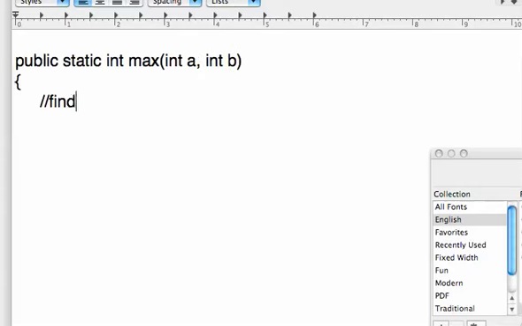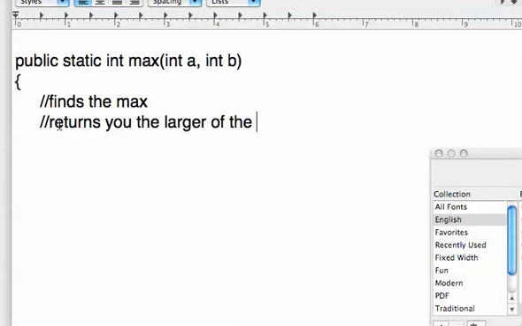It finds the max, and then it does something called return. So notice it gives you back something. Well, that's what this is. This thing determines the type it's going to give you back. So math.max returns you the larger of the two.